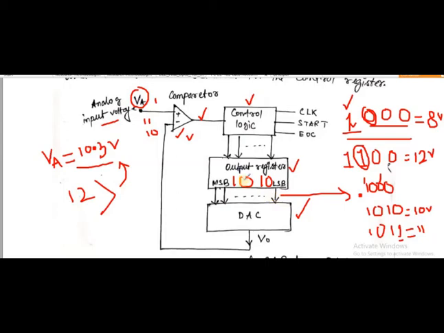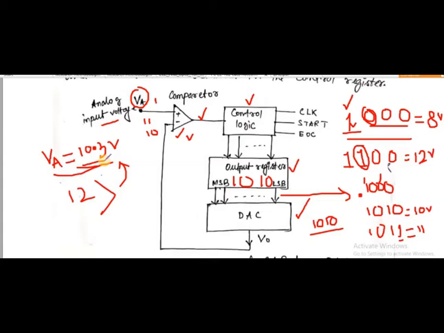So now all the bits are processed. So the final output is 10. Since the final output is 10, the final output will be 1010. This is the digital equivalent value of 10.3, which is 10. Actually it is 10, but the given value is 10.3.